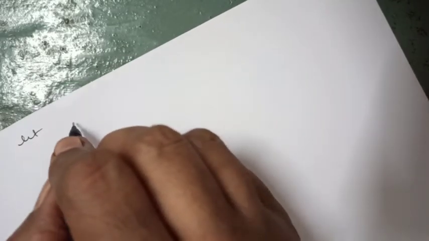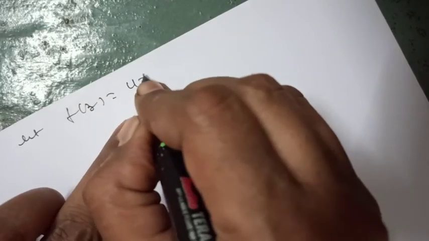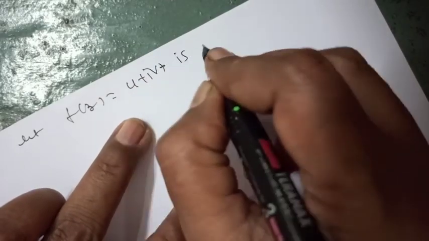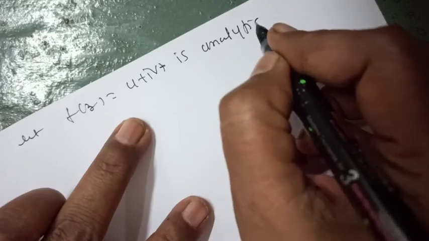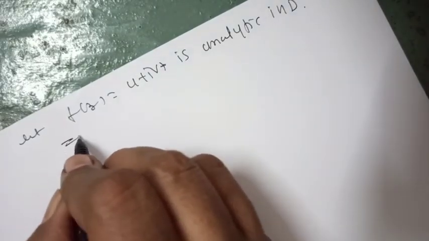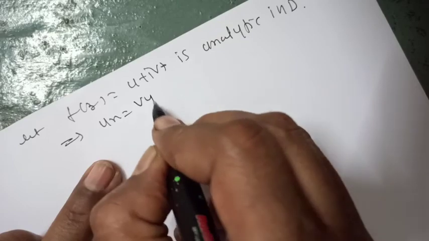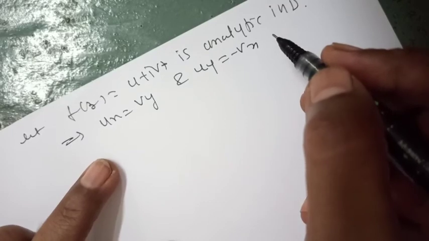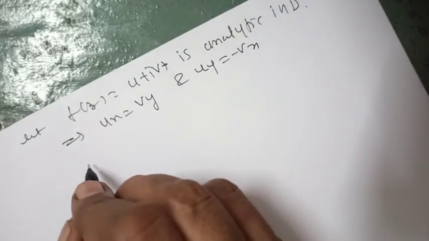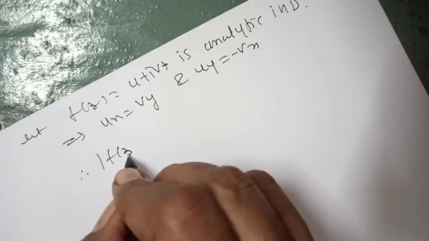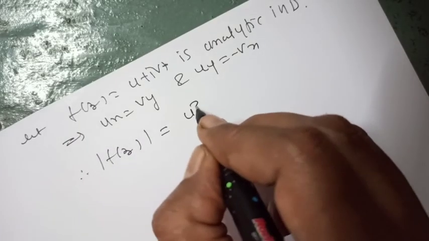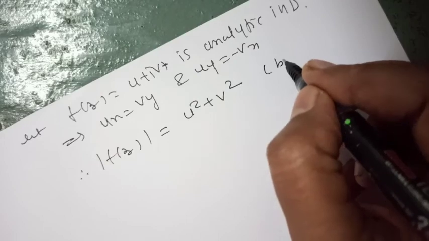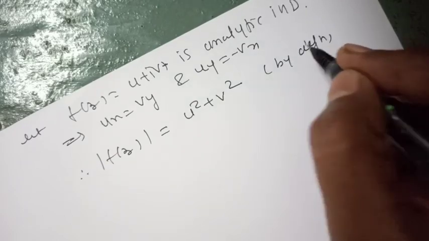So let f of z equal u plus iv be analytic in D, which implies ux equals vy and uy equals minus of vx holds, and magnitude of f of z equals square root of u square plus v square by definition.